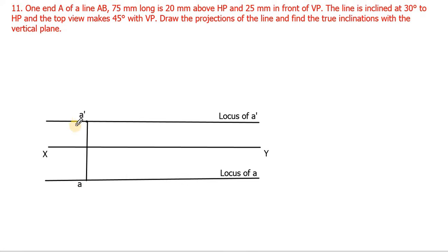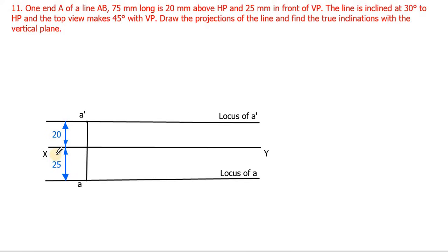So here we put a dimension line and mention 20 mm, similarly here 25 mm. So here you can see I have mentioned the dimensions, that is above HP 20 and in front of VP 25.